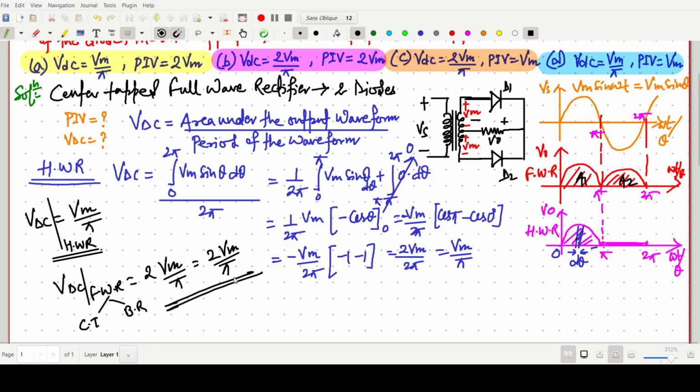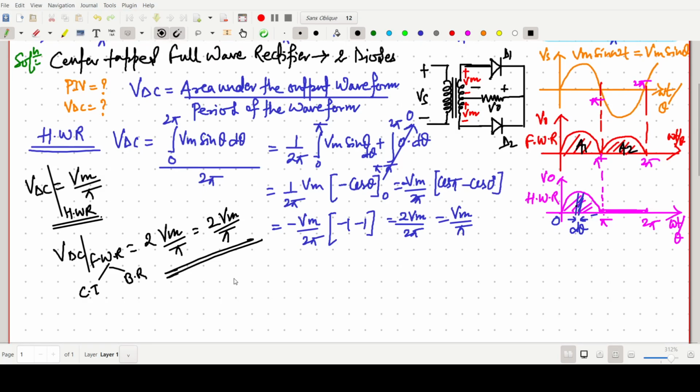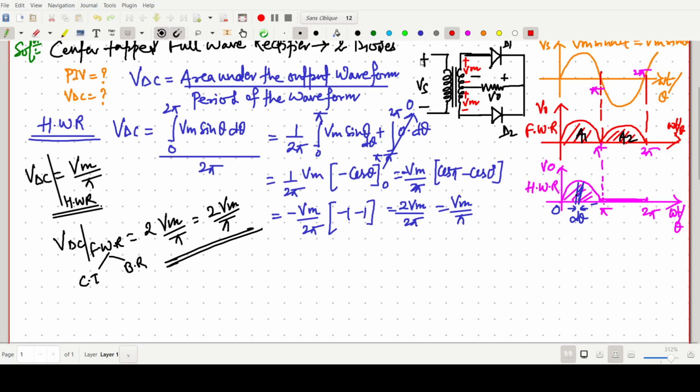Now the other thing is our peak inverse voltage. I want to give you the basics of peak inverse voltage, that is PIV.